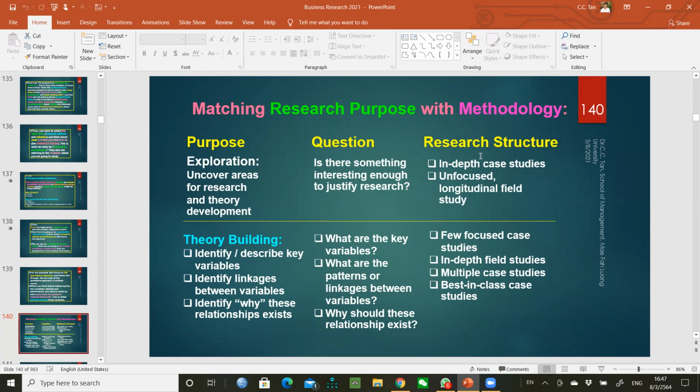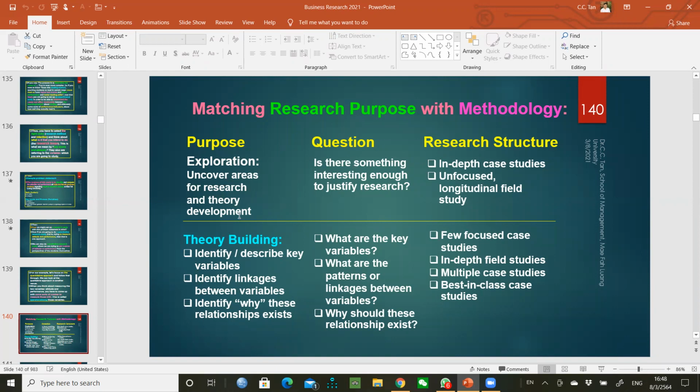So therefore, you can use in-depth case studies or unfocused longitudinal field studies, where you spend a longer time in the field to understand what is really of interest to your research. And from there, you can explore some of the areas suitable for research theory development. And from there, after 3-4 months, you can finalize the research.